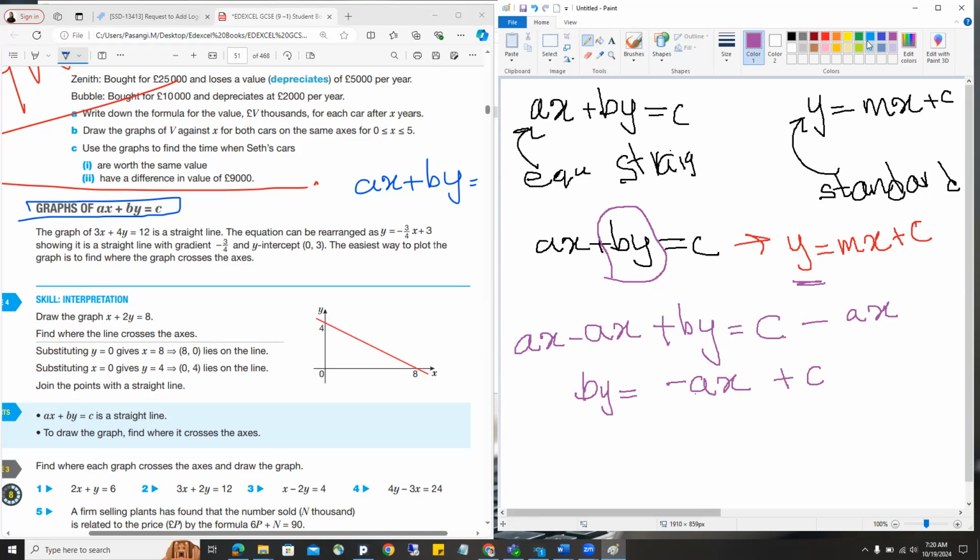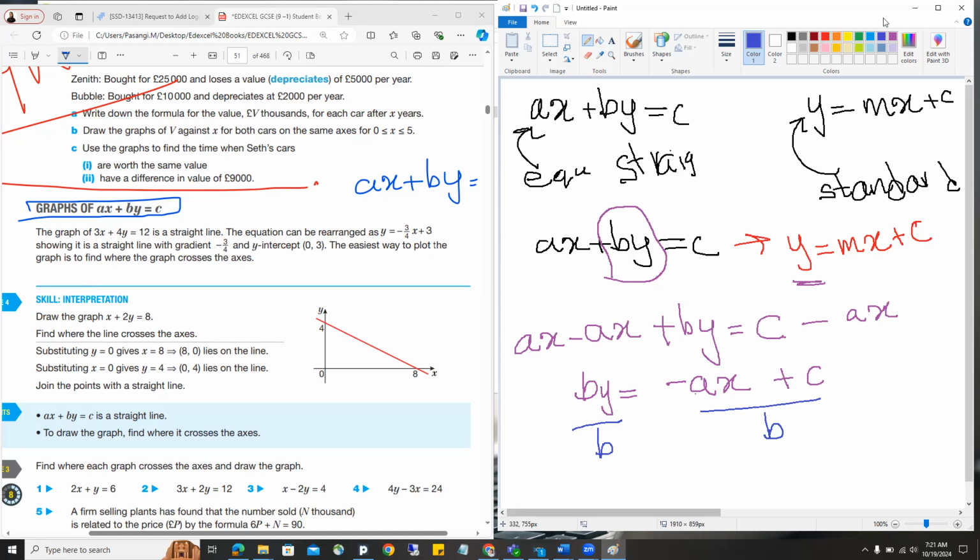The subject of this equation is y, so to make y the subject, we need to divide by b, and do the same to the right hand side.